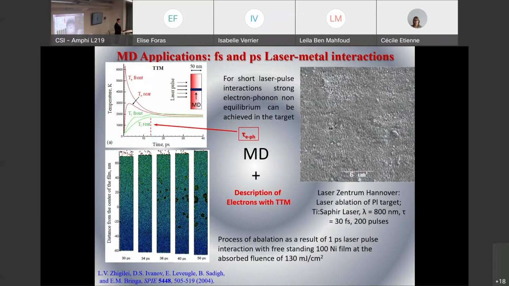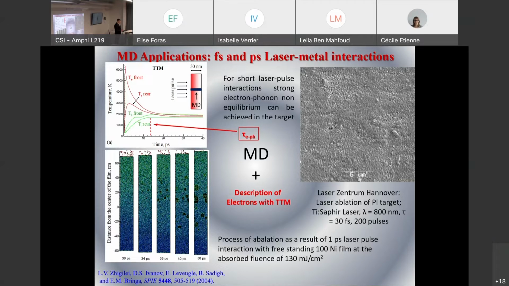Namely, it is free carriers that absorb the laser energy, with temperature rising as a function of time on the surface. The free carriers absorb the laser energy, and only then, by means of the electron-phonon scattering process, during the electron-phonon equilibration time, these free carriers gradually pass the kinetic energy to phonon vibration, so increasing the lattice temperature. And then they come to equilibrium.